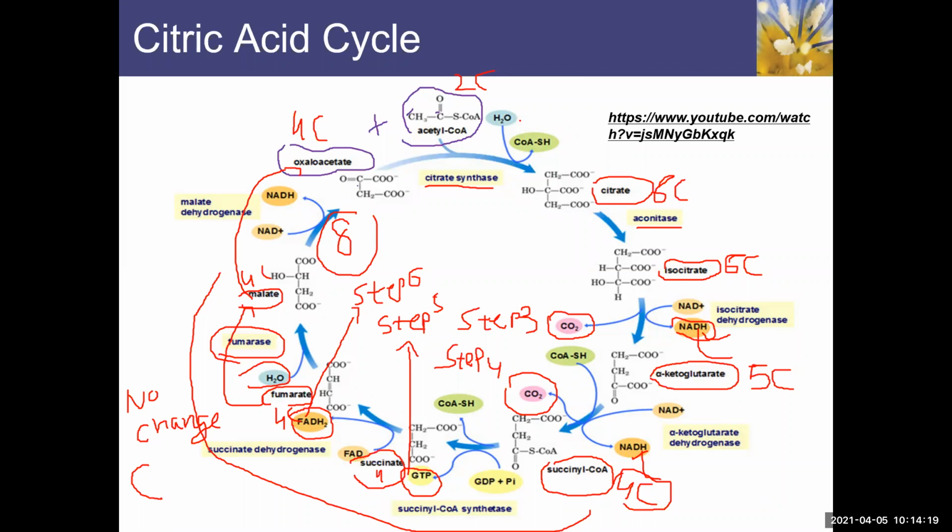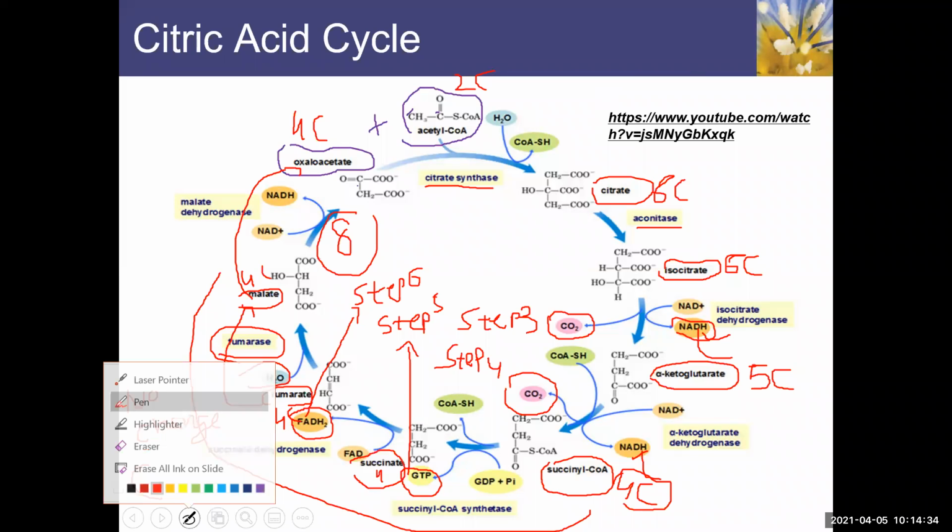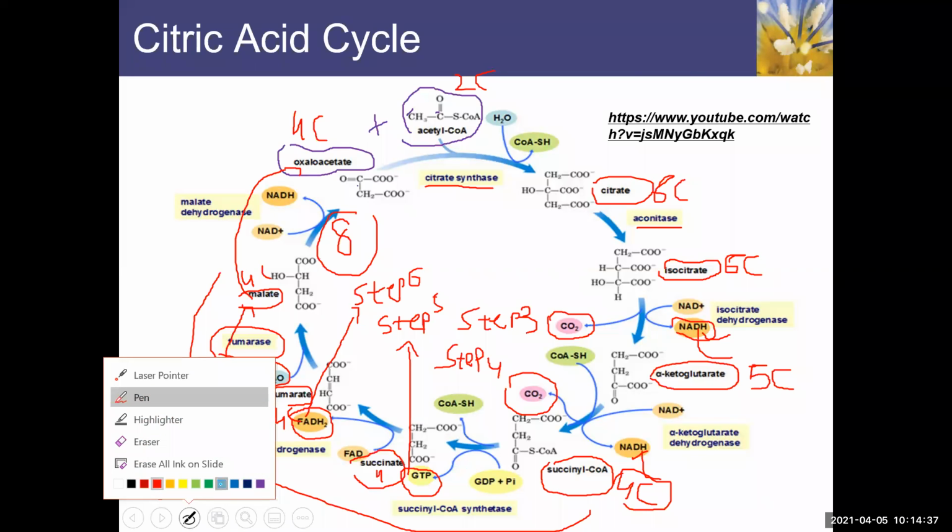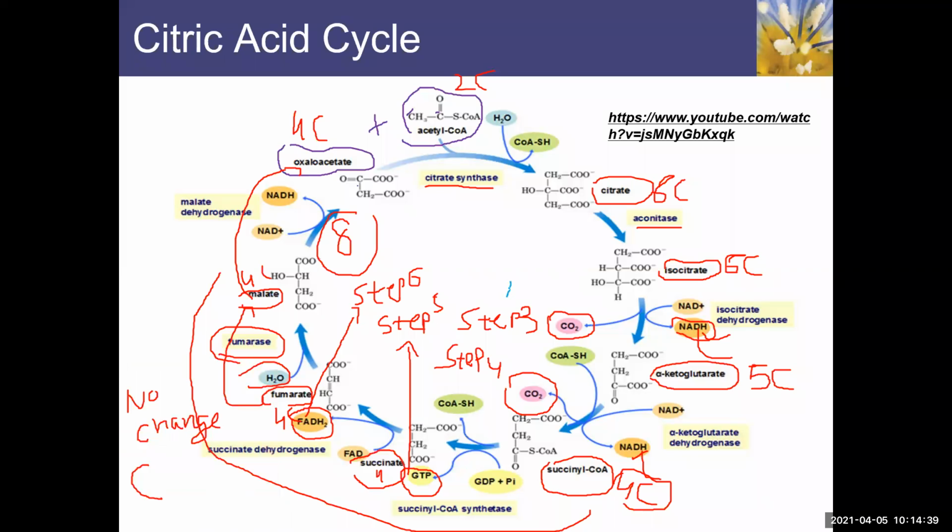Did you all understand till now? We are going to go over it once again, step by step, in the upcoming slides. Yes, Yomna, I said that NADH is produced at step number 3, if you see here.